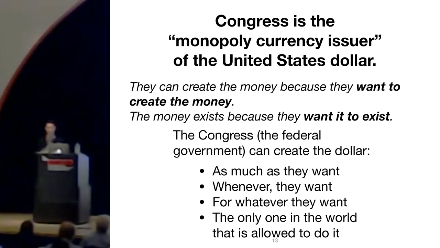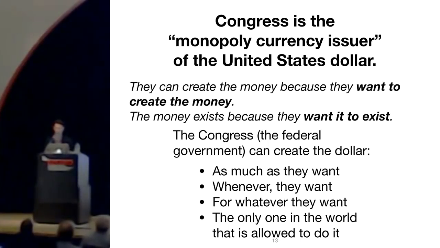So according to the Constitution of the United States, Article 1, Section 8, the Congress is the monopoly currency issuer. This means that they are the only ones in the world that are allowed to create the United States dollar.